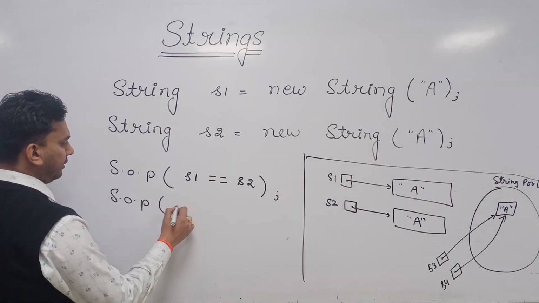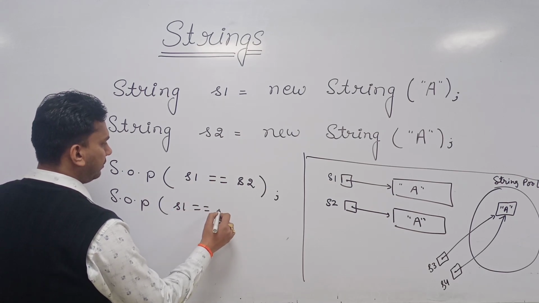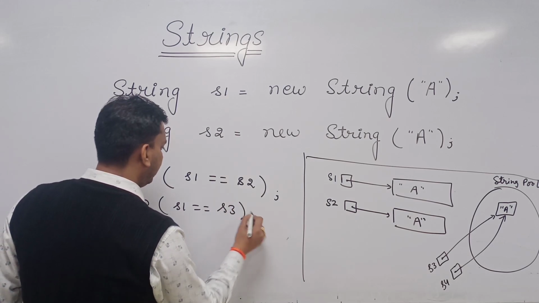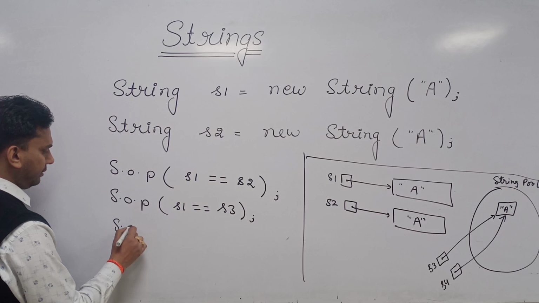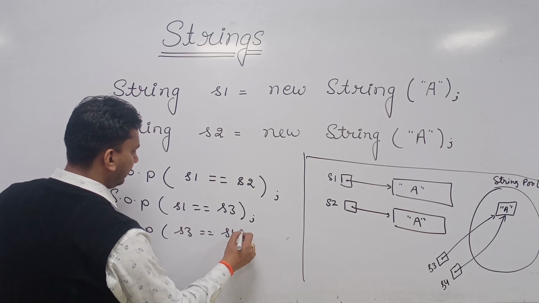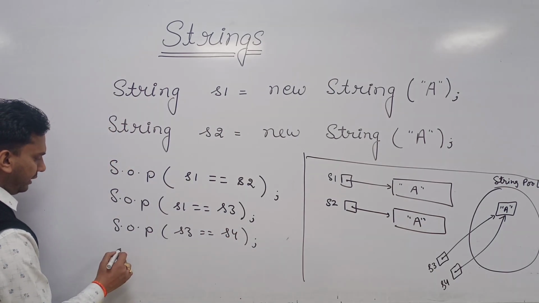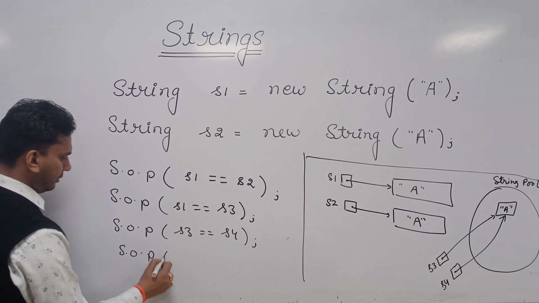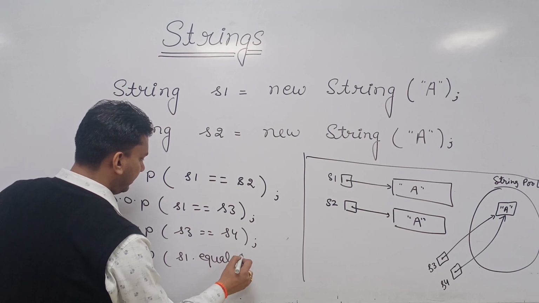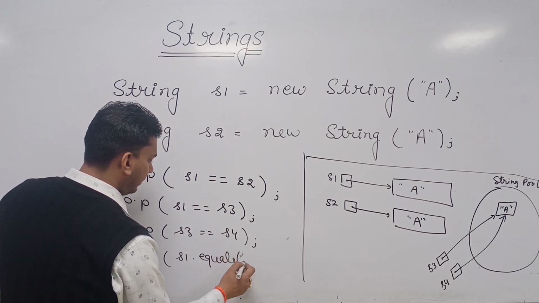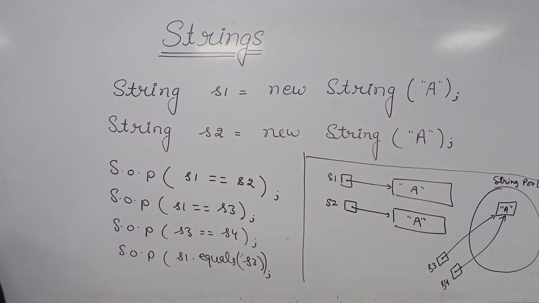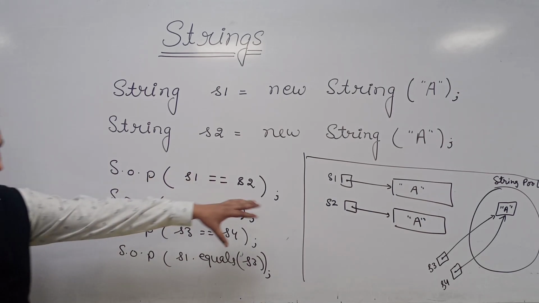I am writing S1 == S3, and S3 == S4, and S1.equals(S3). So let us understand this, it will clarify the same thing.